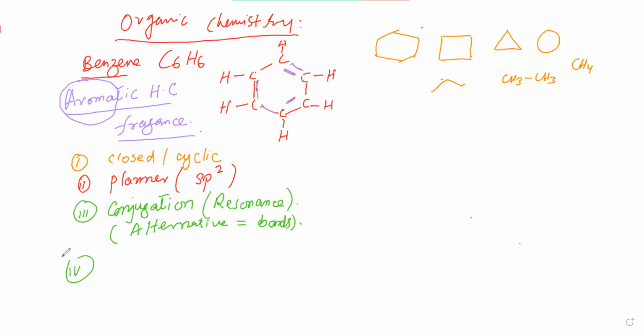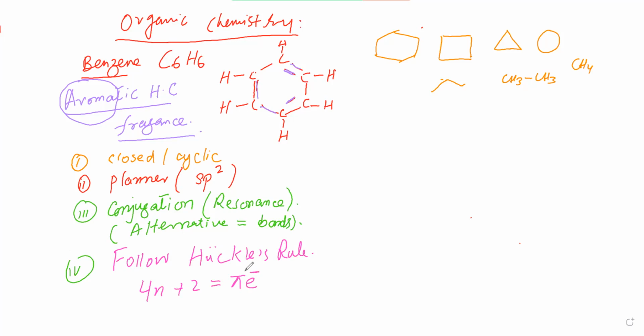Last point, the fourth point. It must follow the Huckel rule. What do we mean by Huckel's rule? Huckel's rule means 4n plus 2 is equal to the pi electrons.